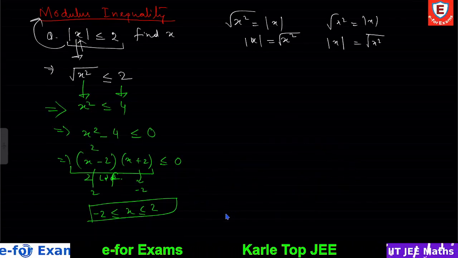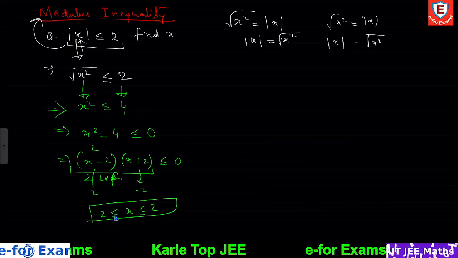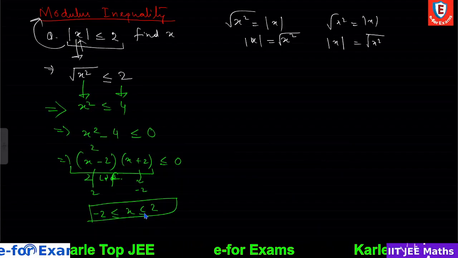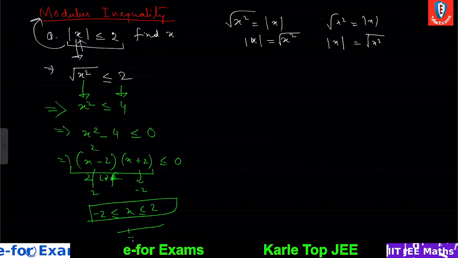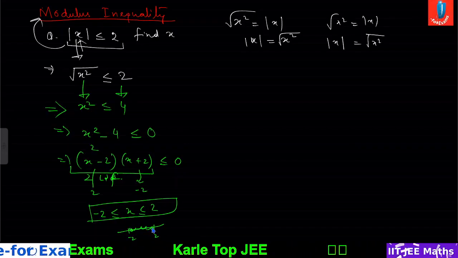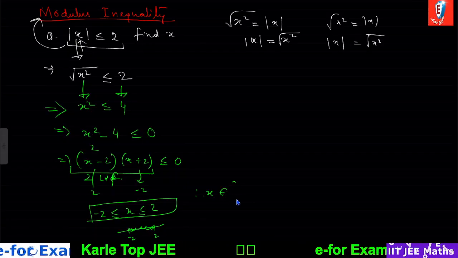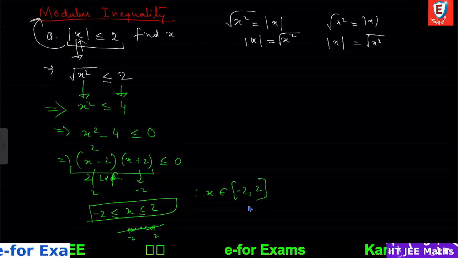This is minus 2 less than or equal to x, right? And x is less than or equal to 2. That means on the number line, from minus 2 to 2, from here to here. Therefore, x belongs to minus 2 to 2. This is the solution.